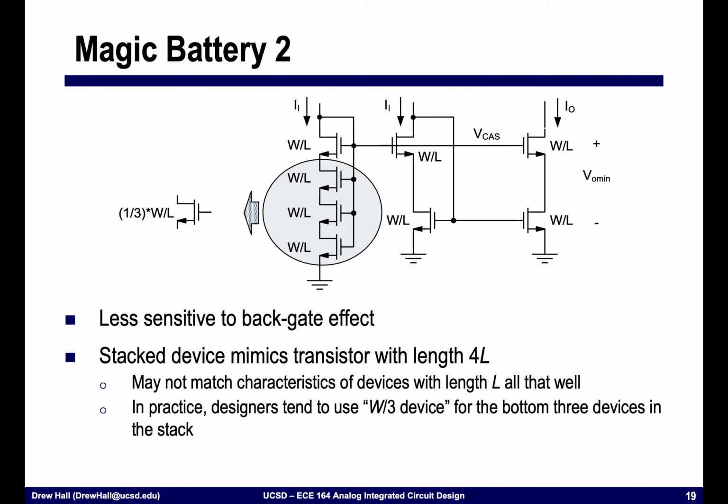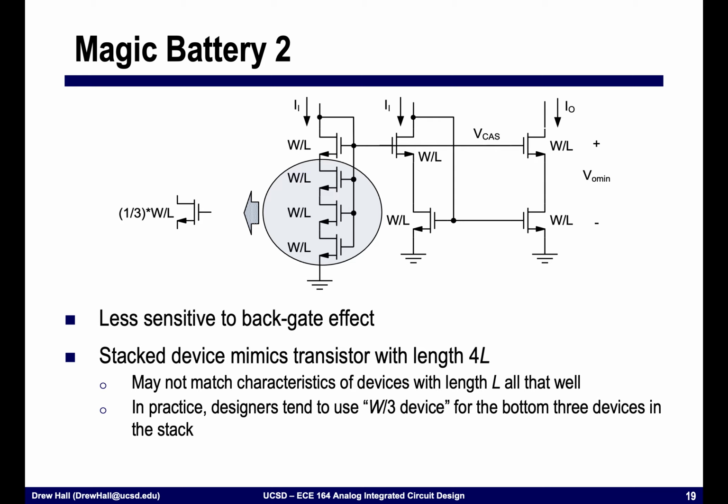All right, so how could we mitigate this backgate effect? One way is, instead of using one transistor that's sized 1/4 W over L, we can actually stack a couple of devices, as you've seen on the homework, in order to generate voltages that are a little bit closer. It's still not perfect, but it's much, much better, and this is probably the most common way that you'll see this done.